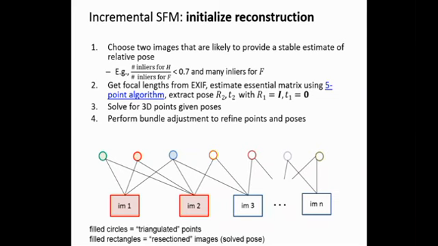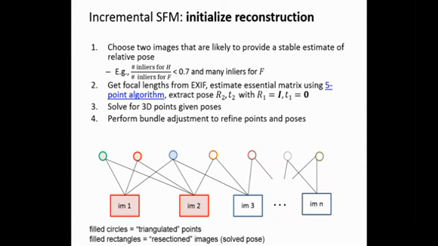Then from the essential matrix, you can extract the rotation and translation of the second camera compared to the first camera. So you'll say that the first camera has identity rotation and a translation of 0. And then the second camera has some R and T, which is just extracted from the essential matrix by some fairly straightforward linear algebra.